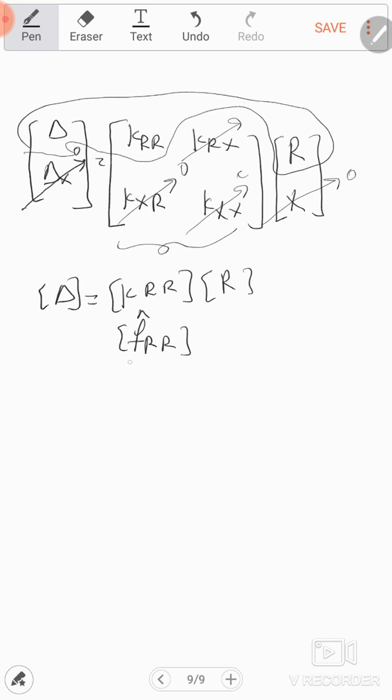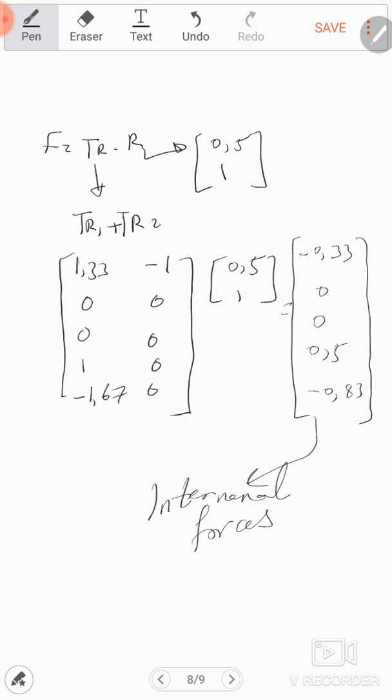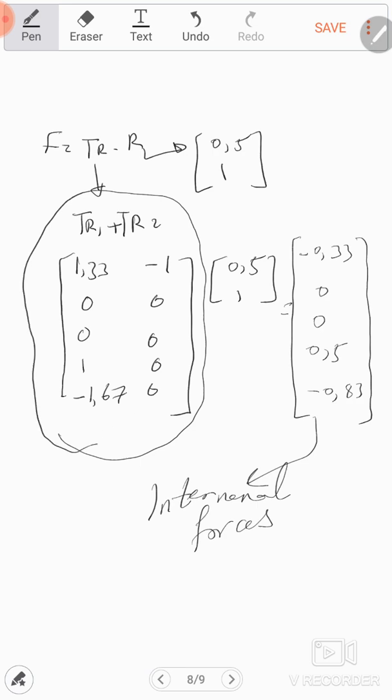What is the FRR? FRR equals TR transpose times small f times TR. What is the TR? TR is this matrix. It comes from internal forces when you divide the shape into parts, depending on how many forces are applied on your figure.